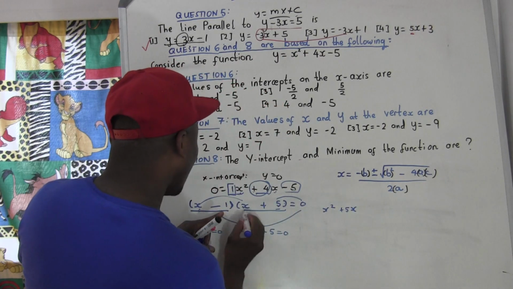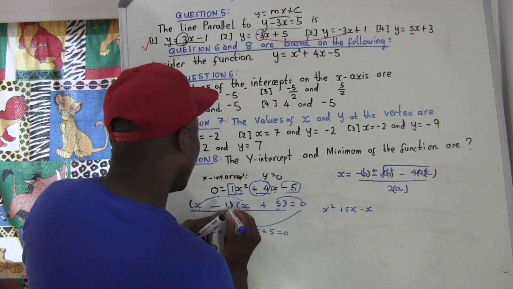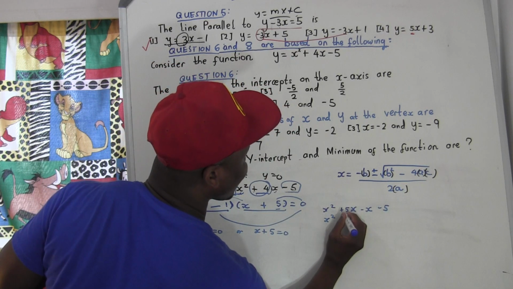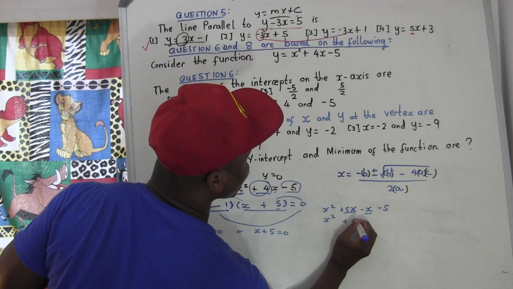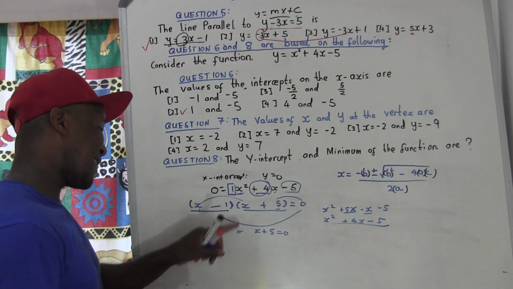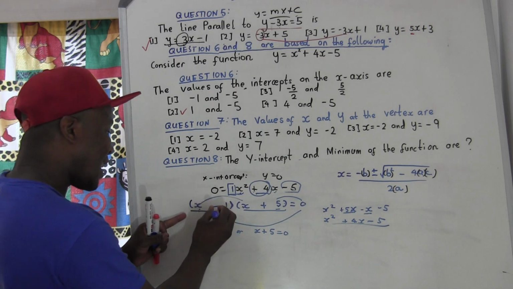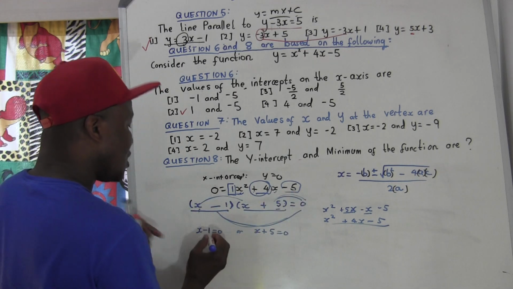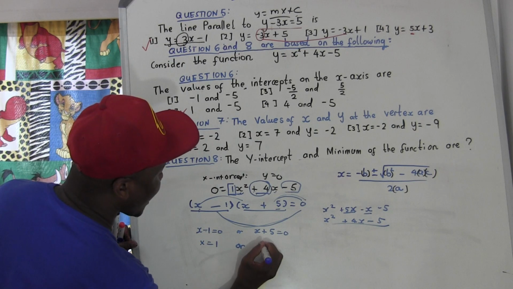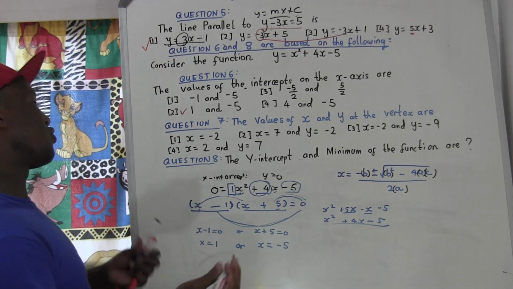Now negative 1 times x is negative x, negative 1 times 5 is negative 5. So x squared, 5 minus 1 is positive 4x, minus 5. It's true, this is the same thing. So after you factorize, say this equal to 0 and this equal to 0, and then x equal to 1 or x equal to negative 5. It's the same answer.